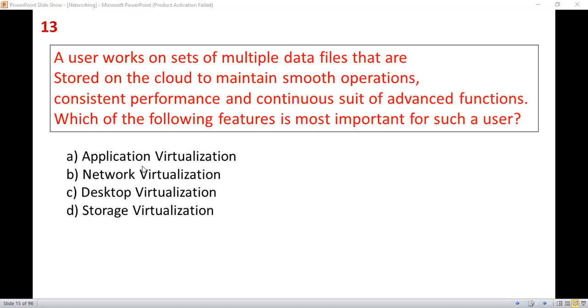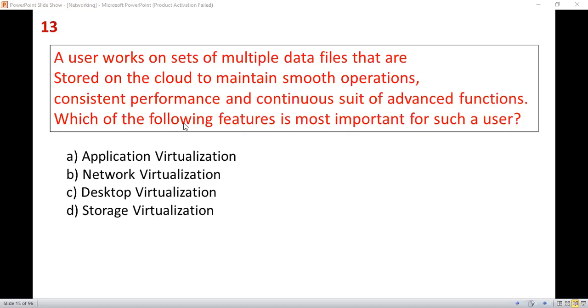See, if we are using application virtualization, then we cannot store the data in the application virtualization. Some of the students are writing the right answer. The answer for this question will be storage virtualization.